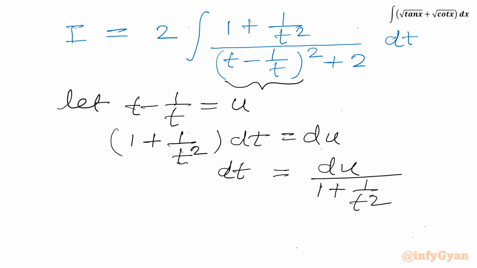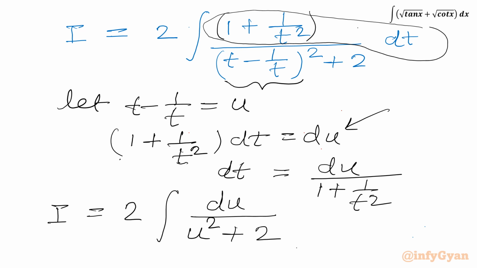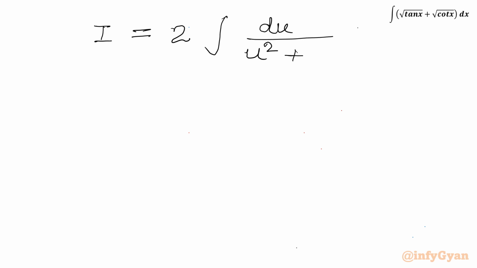So we can straight away write du in the numerator from these two. Now the denominator will be, let me write here 2 times integration du over u square plus 2. Remember our substitution is u is equal to t minus 1 over t and tan x is equal to t square. Let me write here I equal to 2 times integration du over u square plus root 2 square.